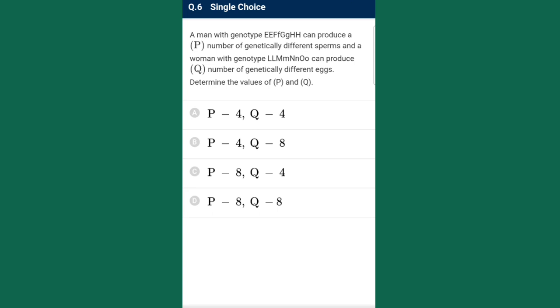So the number of gametes formed can be calculated by the formula 2 to the power n, wherein n is the number of heterozygous genes. So the answer is option B. P is 4, Q is 8.